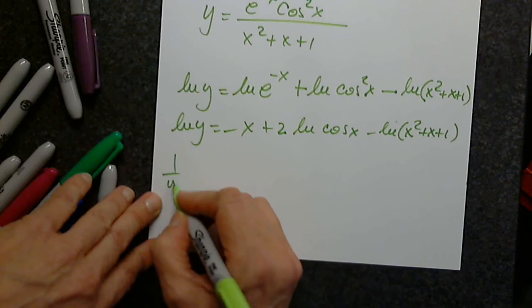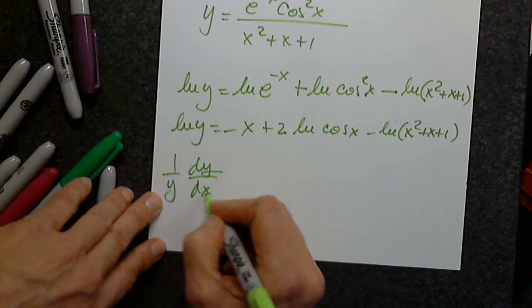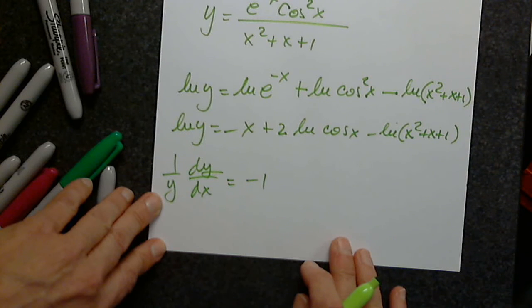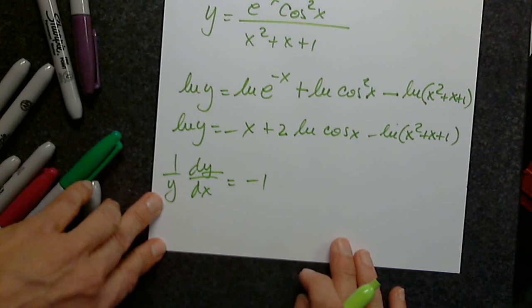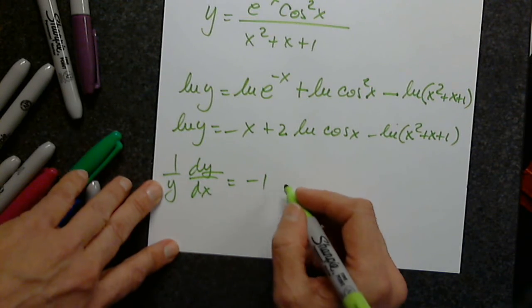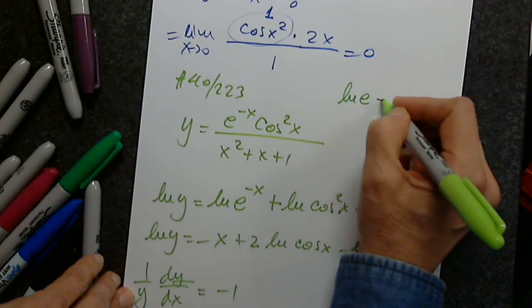So then 1 over y dy over dx should be negative x natural log e, which is 1. Natural log e is 1, it's a constant.